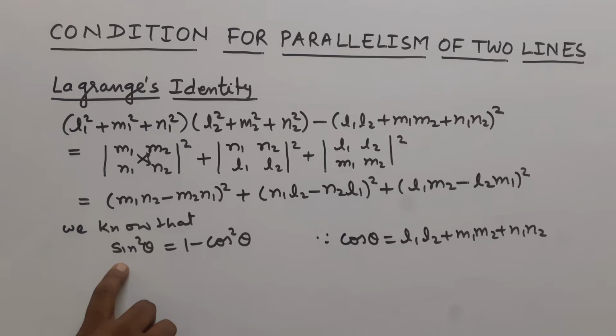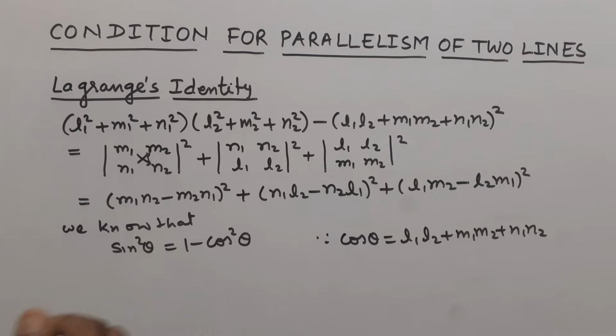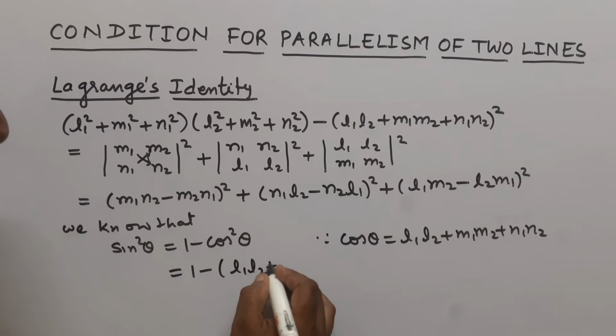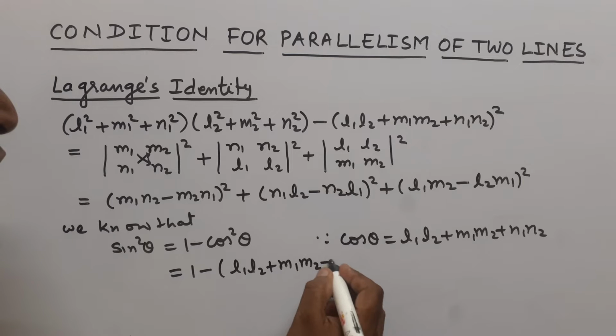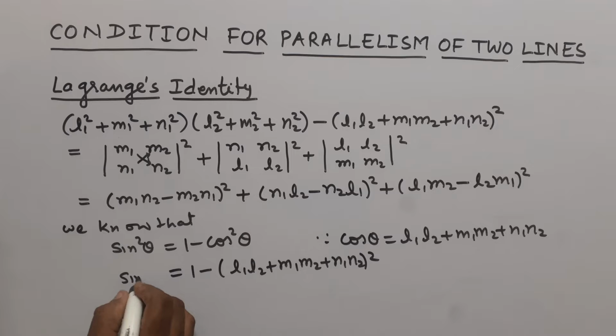So sin square theta is equal to 1 minus cos square theta. Now we put the value of cos theta. So this can be written as 1 minus (L1 L2 plus M1 M2 plus N1 N2) whole square.